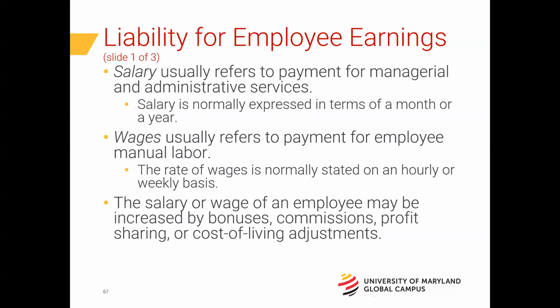That's salary, usually for management and administrators. Wages are hourly wages, hourly employees. So salary employees, those are your managers and above, and your administrators or anyone else on a fixed annual income. Wages are referred to as hourly employees.